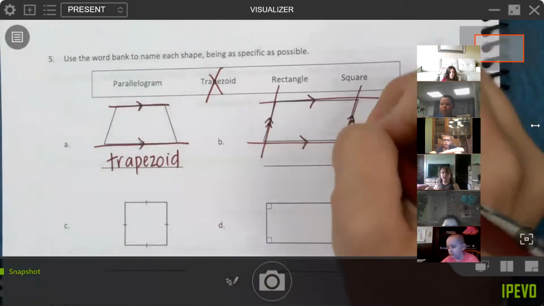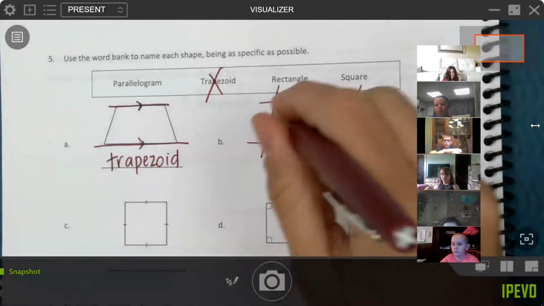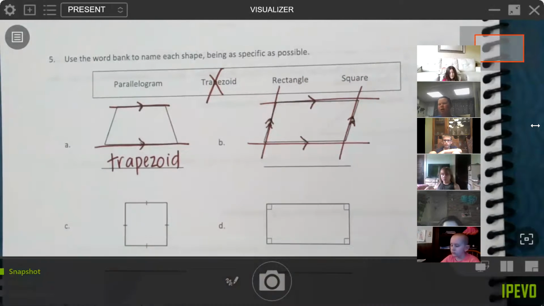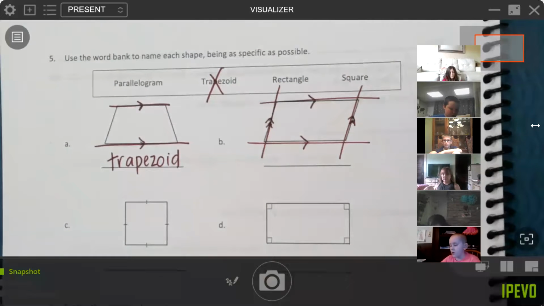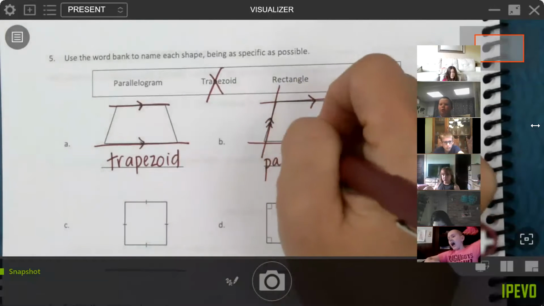So you're correct. There's 2 pair of parallel sides. What was the next thing that you said? It's also a quadrilateral. Okay, because it has what? 4 sides. 1, 2, 3, 4. Okay, so what did you find up here would be the best fit for this polygon? Parallelogram. There you go. Very good.